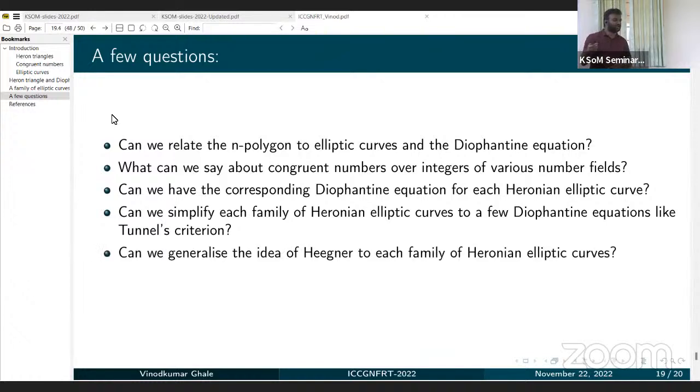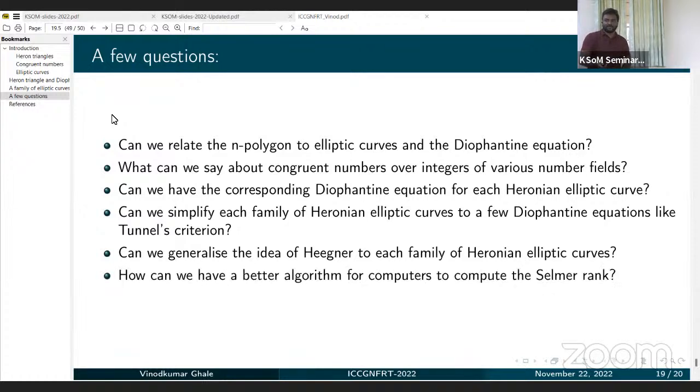And again, like Heegner's idea, can we construct points for other Heronian elliptic curves? And again, as Selmer proposed, it is theoretically computable. But as I have seen in our work also, for some elliptic curves we are not able to get the rank using Magma and Sage. So I personally like to play with this using Magma and Sage and see some patterns of the ranks. Can we have better algorithms for computers to compute this Selmer rank?